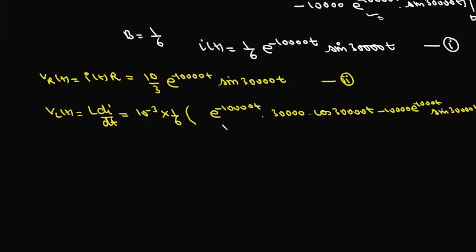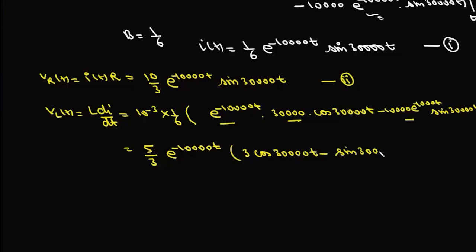Now here we'll take e to the power minus 10,000 t and 10,000 common. So it will be simply 10 by 6, which is 5 by 3. So it will be 5 by 3 e to the power minus 10,000 t, and this is 3 cos 30,000 t minus sine 30,000 t, and that's our third result.